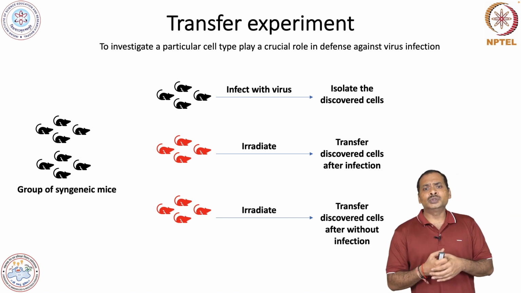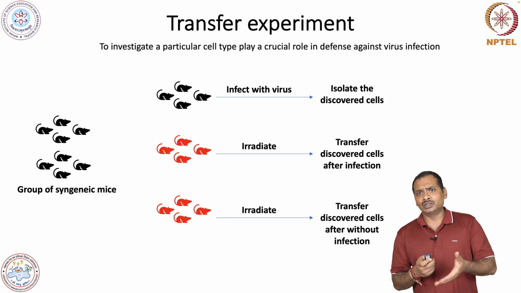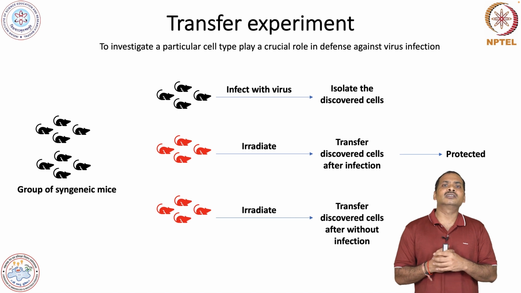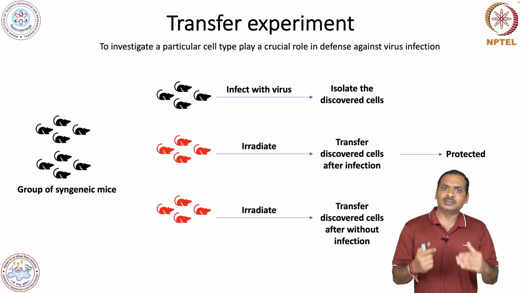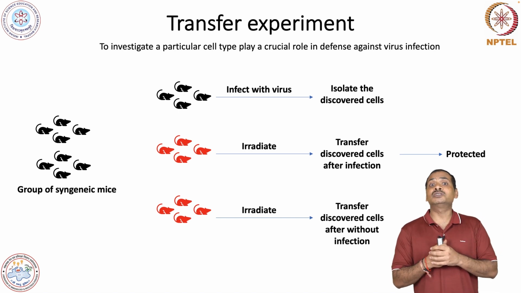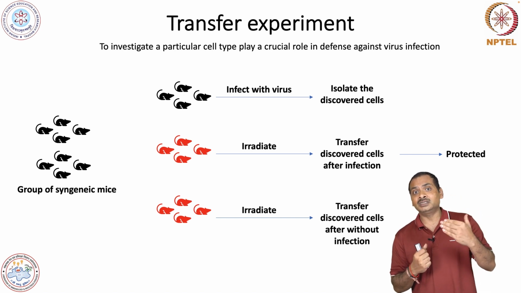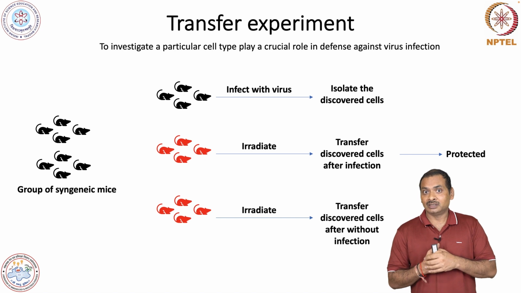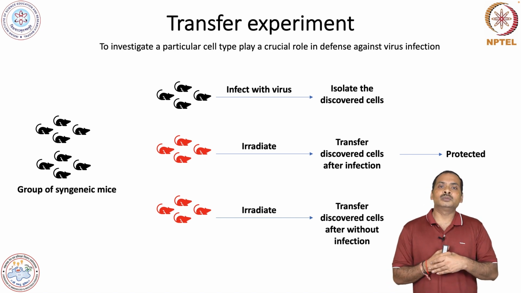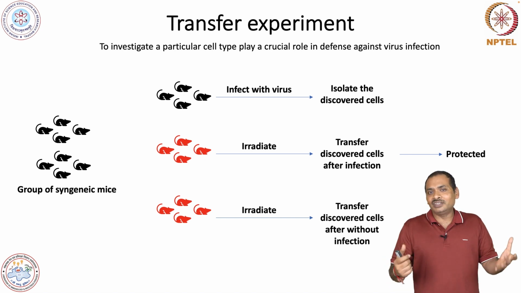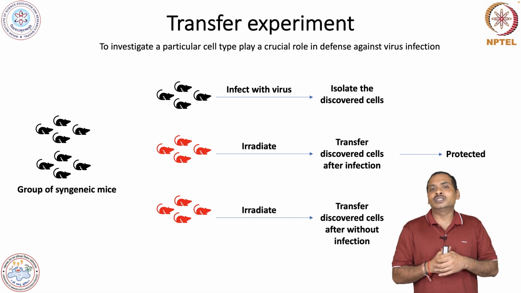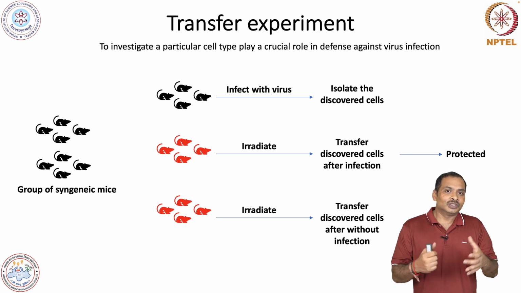And after doing all this, if you infect these irradiated mice, you will see that the group of irradiated mice which received the cells from infected mice will be protected, and the other group will not be protected.